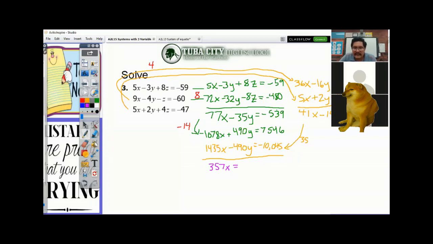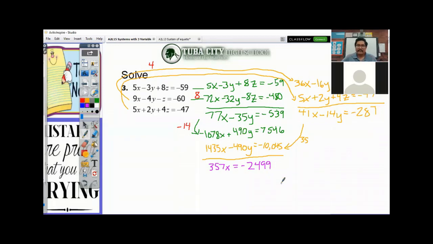Now again, I can't make negatives in my calculator, so looks like my answer here is going to be a negative number. And 10,045 minus 7546, 2499, or 2,499.